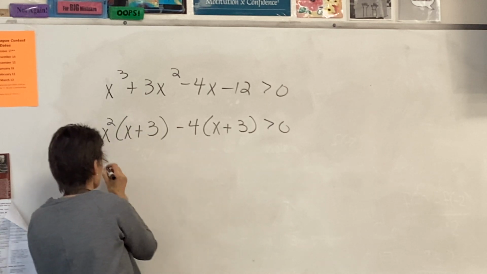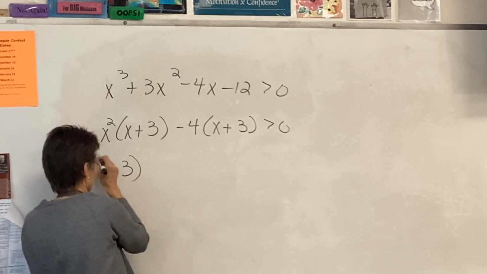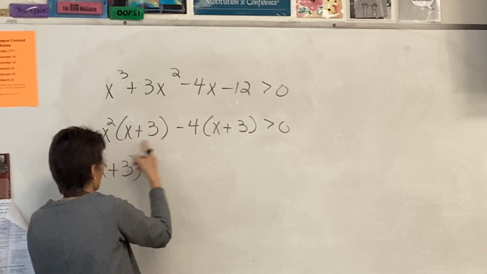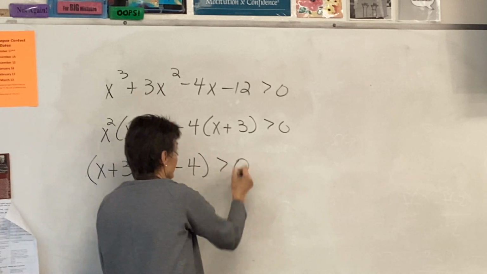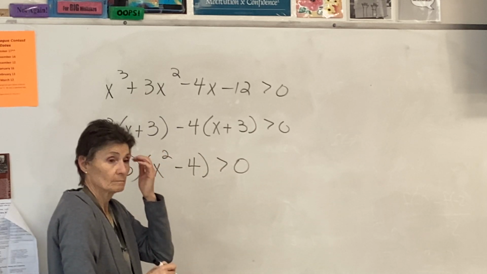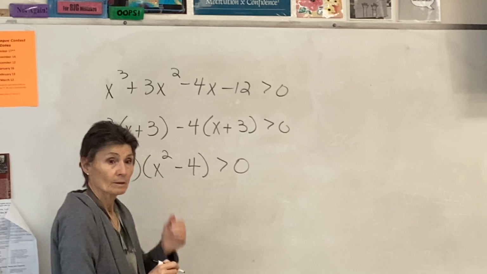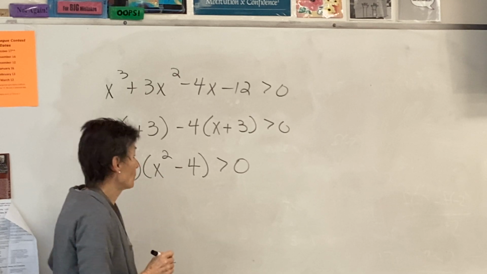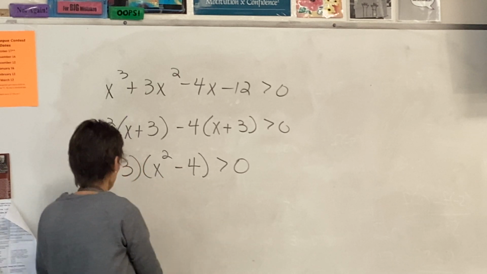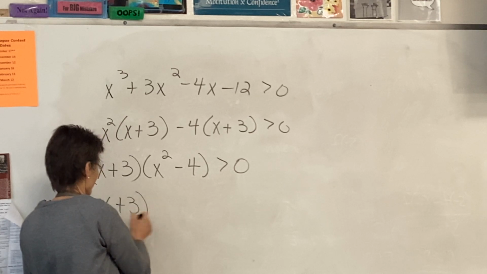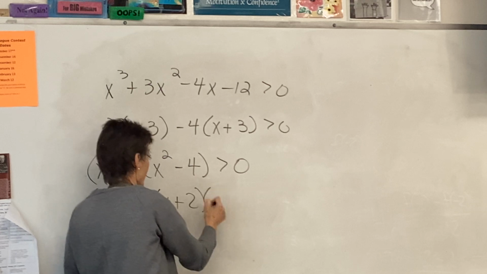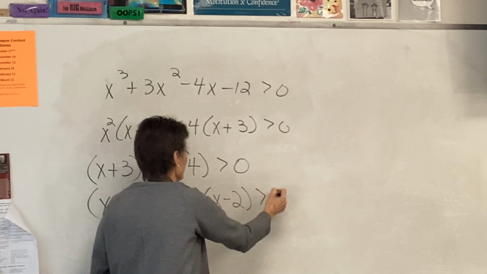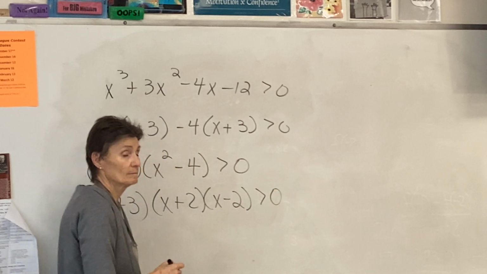There is your match. And then the other parts are x squared minus 4. Right? And then what do we know about x squared minus 4? X plus 2, x minus 2, the difference of squares.